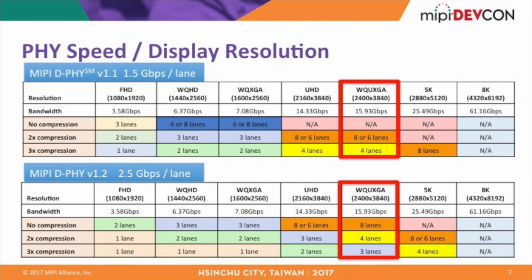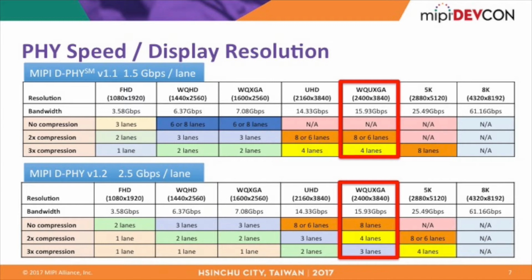This compression technology at 3x allows you, for example, in the case of 4K video at 60 frames per second, where we're looking at 16 gigabits of data per second, to reduce the number of lanes in MIPI substantially. So, for example, with D-PHY version 1.1, you would have a really hard time doing a 4K product without DSC.